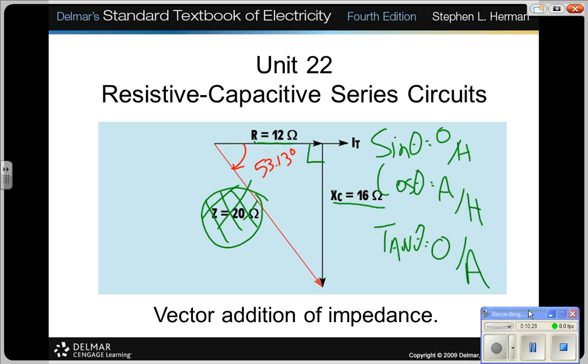Okay. Now remember, this is our resistive triangle, right? Also, we're going to have a power triangle. Now, if we do some calculations, we're going to get close to 20 ohms of total impedance. Let's find that, okay? How could I find my total impedance? I could use the cosine or the sine, right?